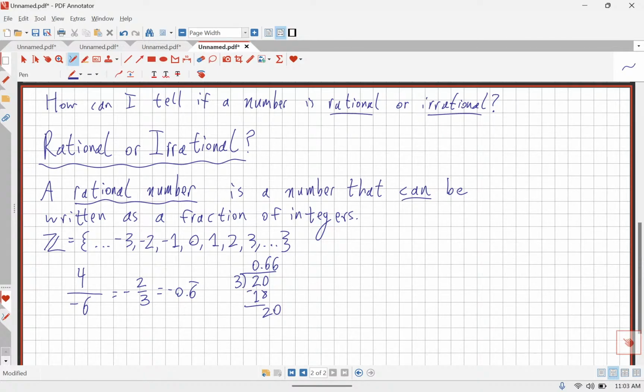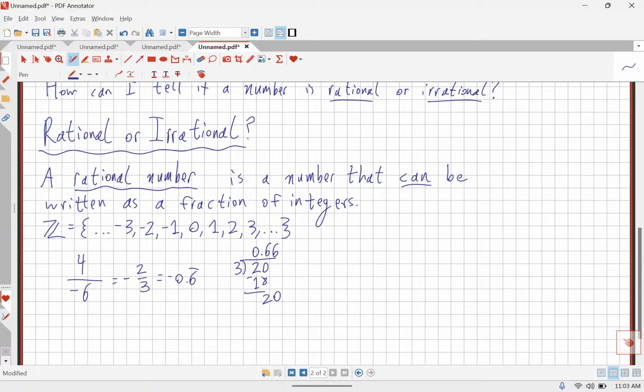So here's another thing that happens with rational numbers. When you turn them into decimals, there are 2 possible outcomes. They might end. For example, let's do negative 25 over negative 8. Is that a rational number? Yeah, definitely, because it's a fraction of integers.